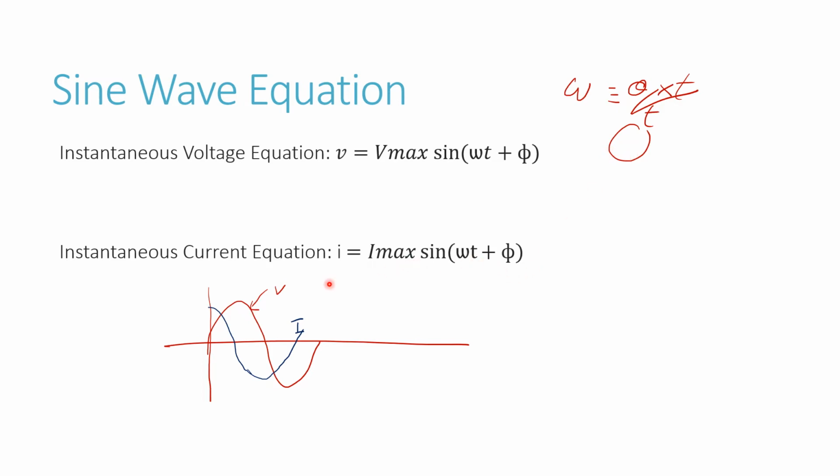Similarly, the instantaneous value of current i is the maximum current multiplied by sine of omega t plus phi. I hope that is quite clear to you. These are equations that you need to understand and commit to memory.